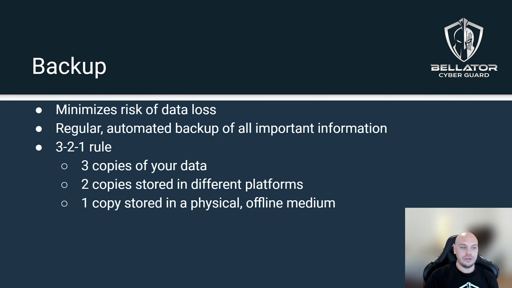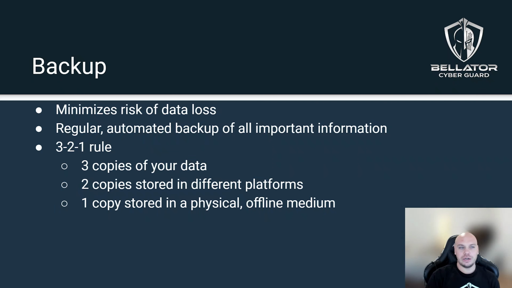Ideally, we follow the 3-2-1 rule, which refers to having 3 copies of your data, obviously the original, and then 2 additional copies. Those 2 additional copies should be stored on different platforms, and one of which should be a physical copy in an offline medium.